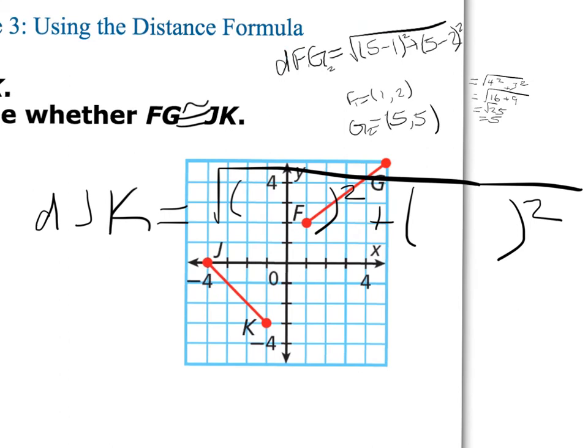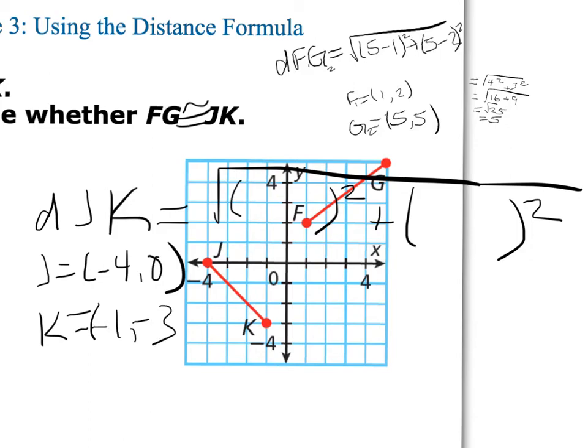Looking at J, J is the point over 1, 2, 3, 4 to the left, so negative 4, and I go up 0. For K, I go over 1 and down 3. So over 1, down 3.